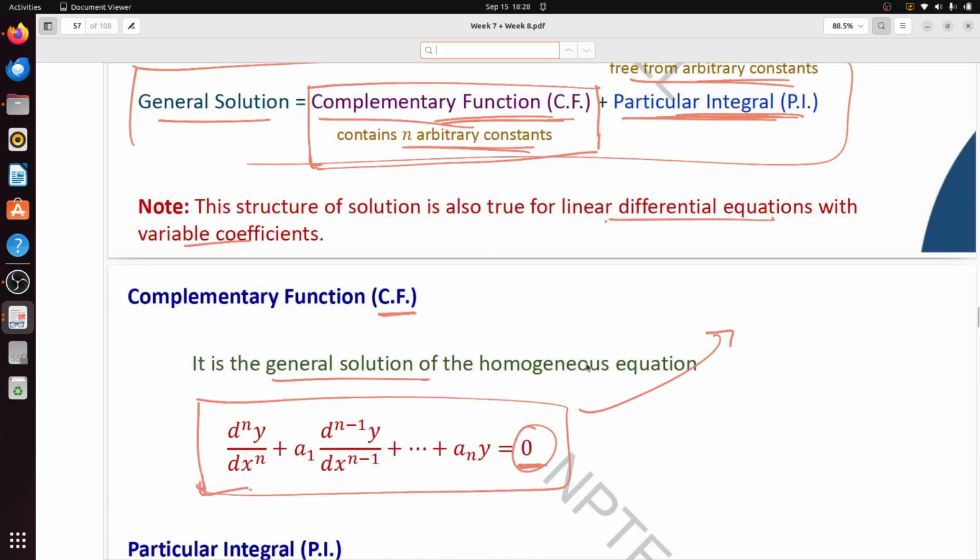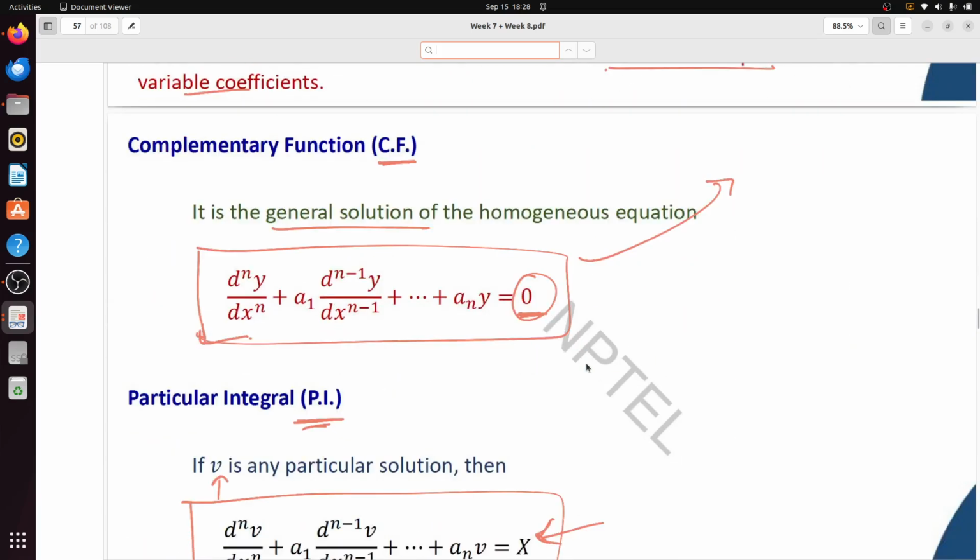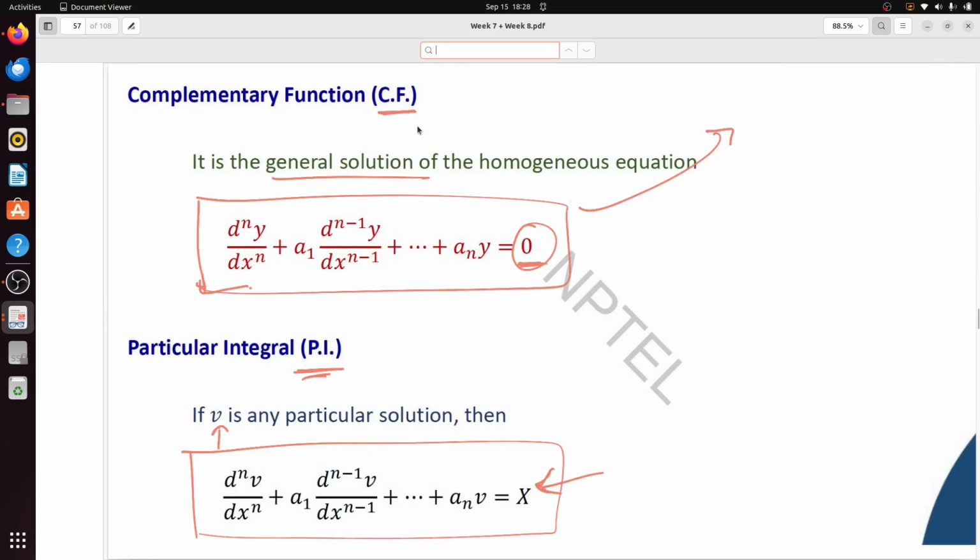So next is complementary function. It is the general solution of the homogeneous equation that I have already discussed, d^n y/dx^n plus a1 d^(n-1) y/dx^(n-1) plus and so on plus an y equal to 0.